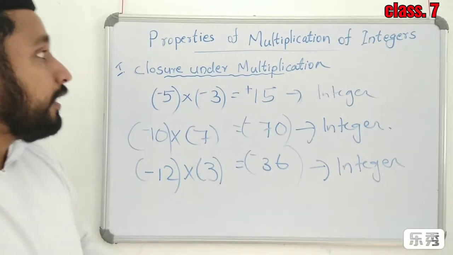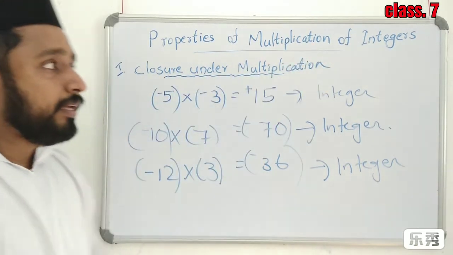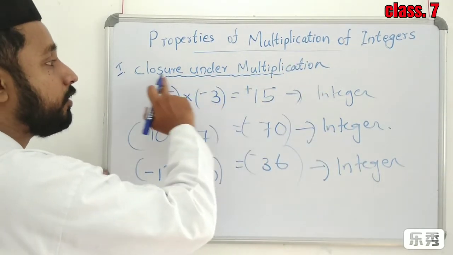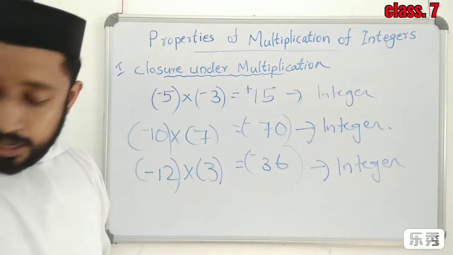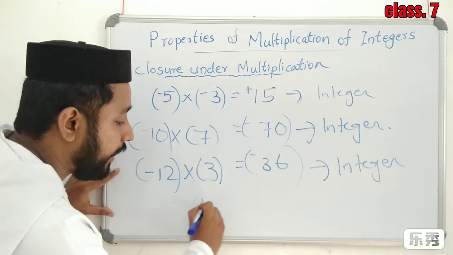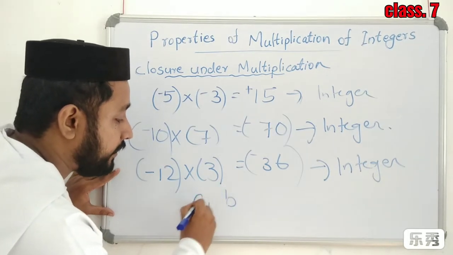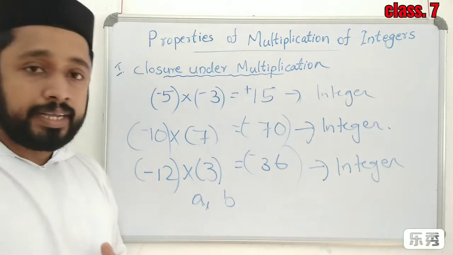So we can say that integers are closed under multiplication. Integers have the closure property. In general, for two integers a and b, let us write the same as in addition. Now we are going to write the general case.